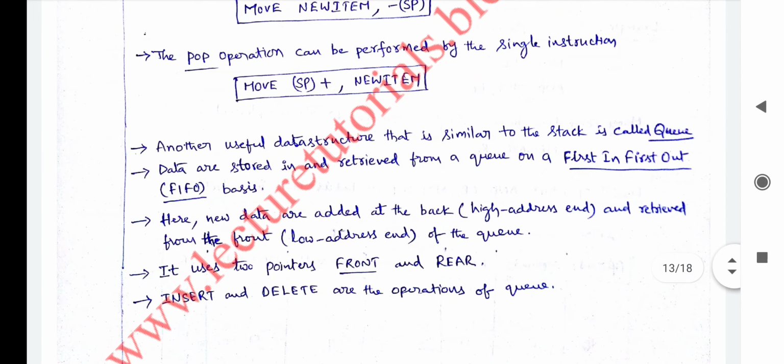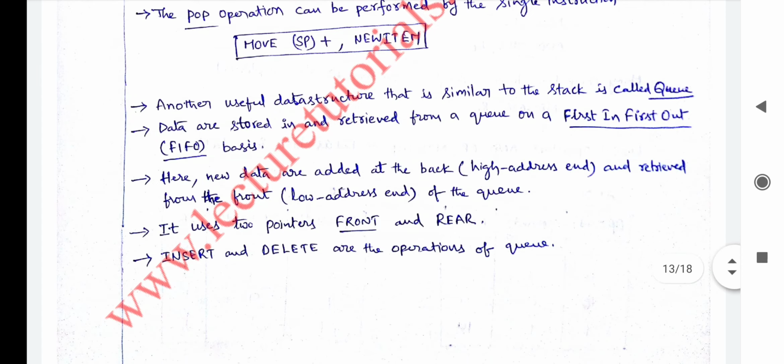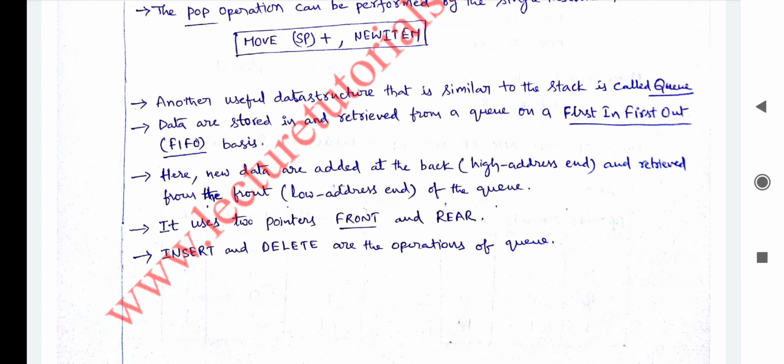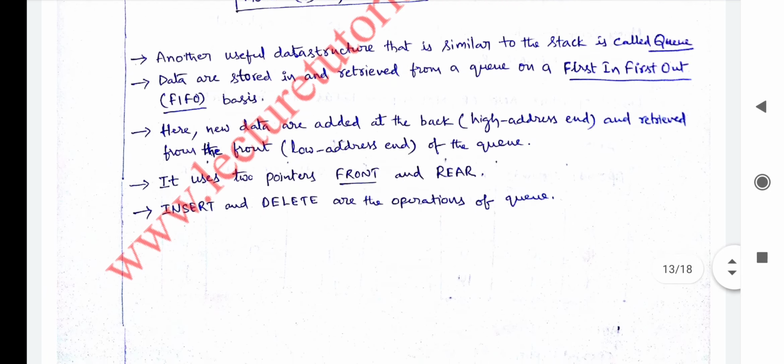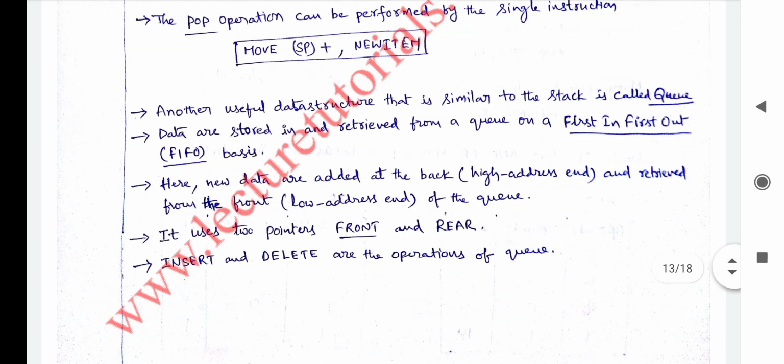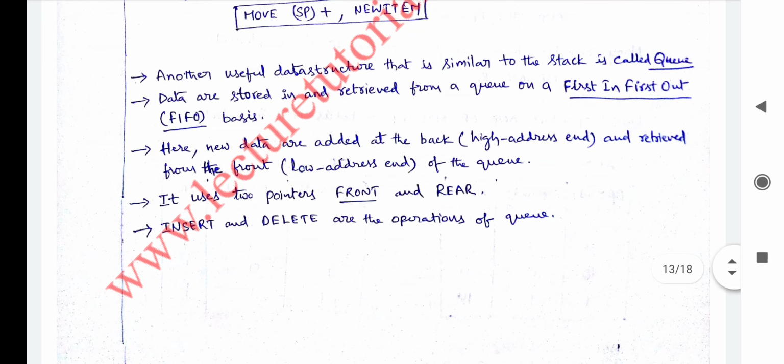Another useful data structure that is similar to the stack is called a queue. We covered stacks and queues in the first year second semester syllabus. Those are very important topics in data structures.